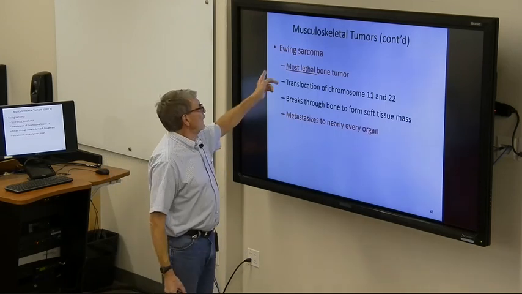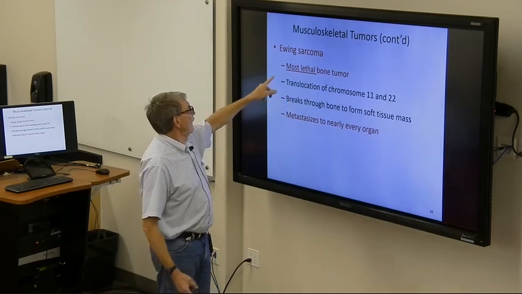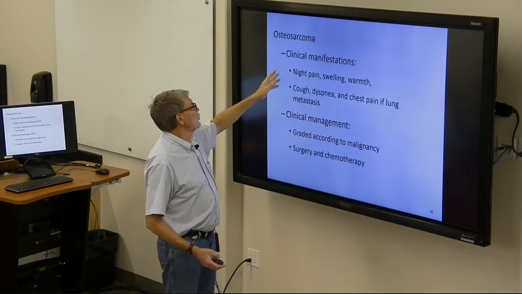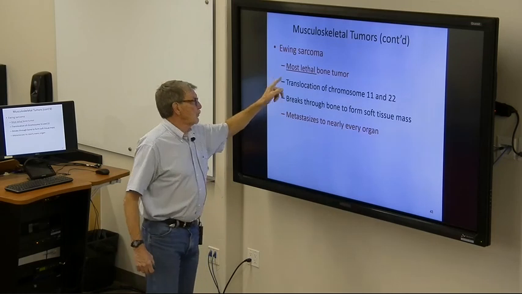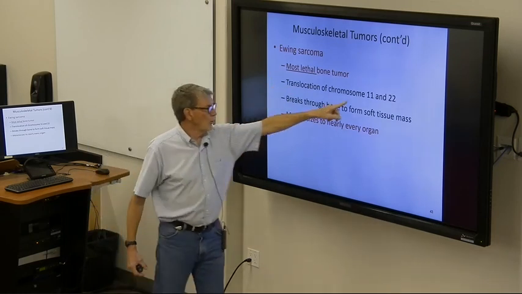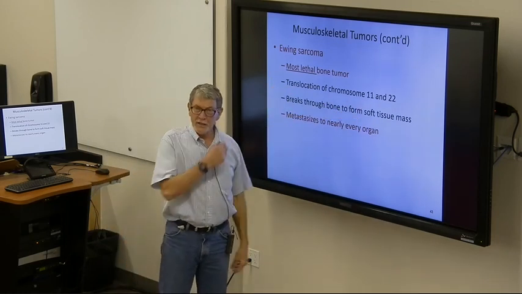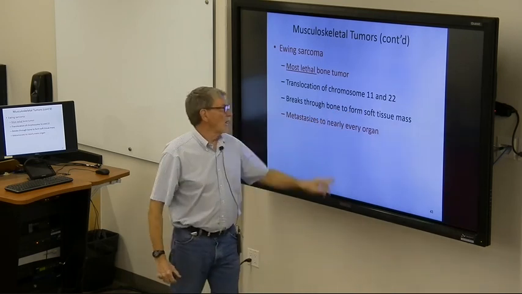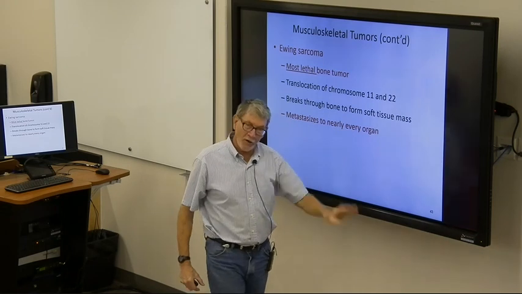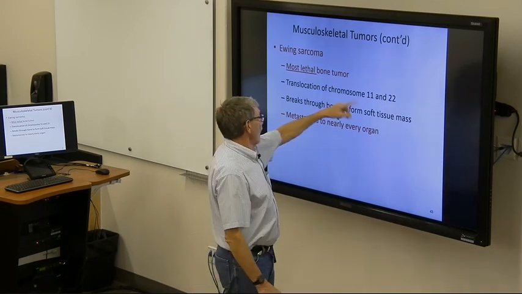And the Ewing sarcoma is a kind of a version of these osteosarcomas that is a particular bone tumor caused by another genetic abnormality. I'm not asking you to memorize which chromosome they are. It's not in red.